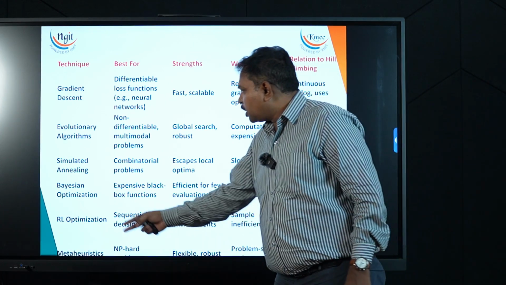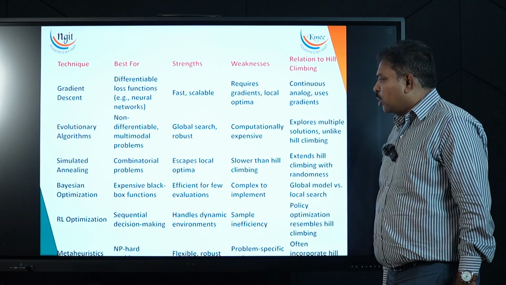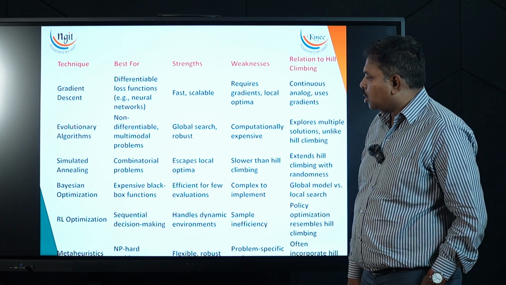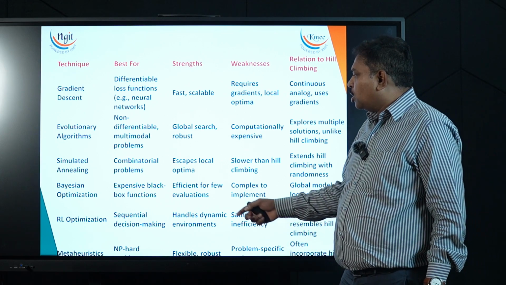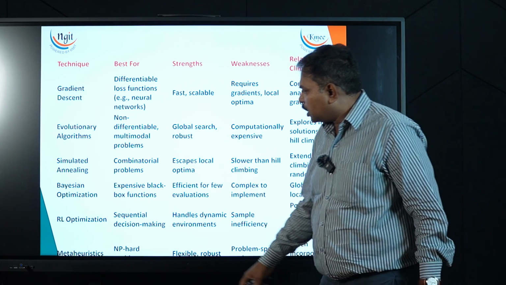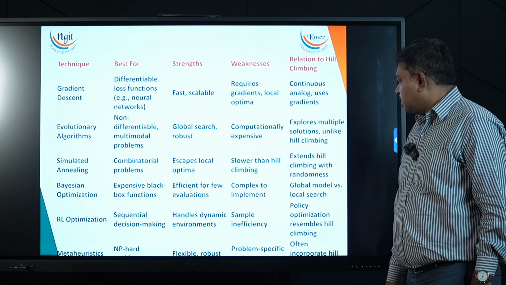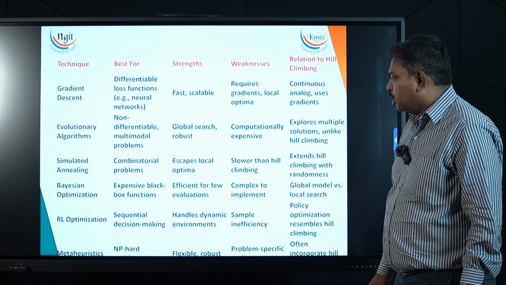Simulated annealing is a local search algorithm, and when you have combinatorial problems, with combinations of objective functions, we apply simulated annealing. Another technique is Bayesian optimization, which uses probability techniques to find global models, and there is also RL optimization.